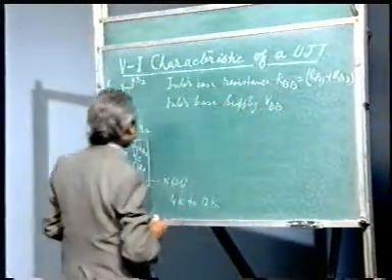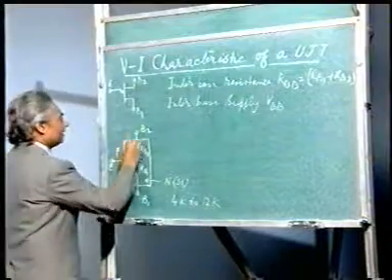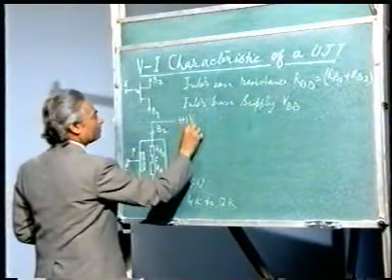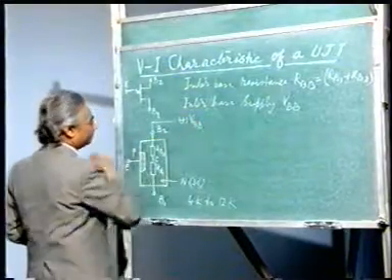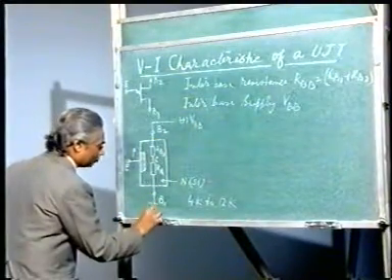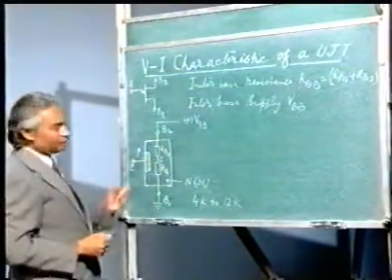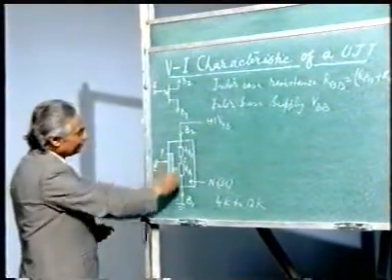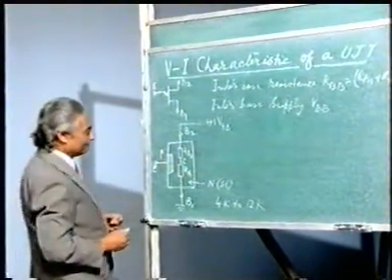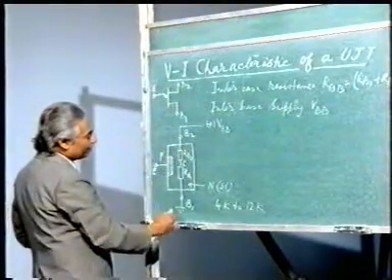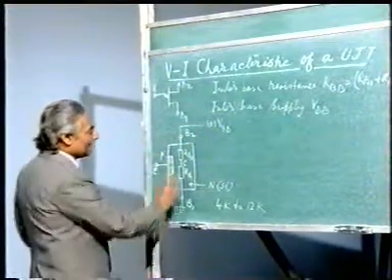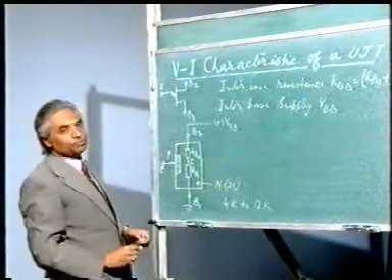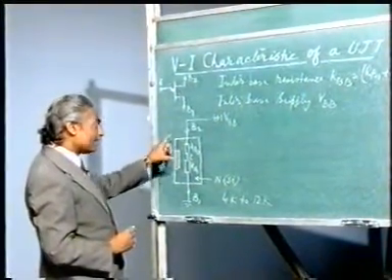VBB. If I give the supply in such a fashion that B2 is made positive, that means positive VBB is applied at B2, and this is of course either grounded or the minus of the supply is connected here. In this case this device will act as a potential divider, because a potential difference is connected across the two and it has two resistances Rb1 and Rb2. And what will be the current through the device?